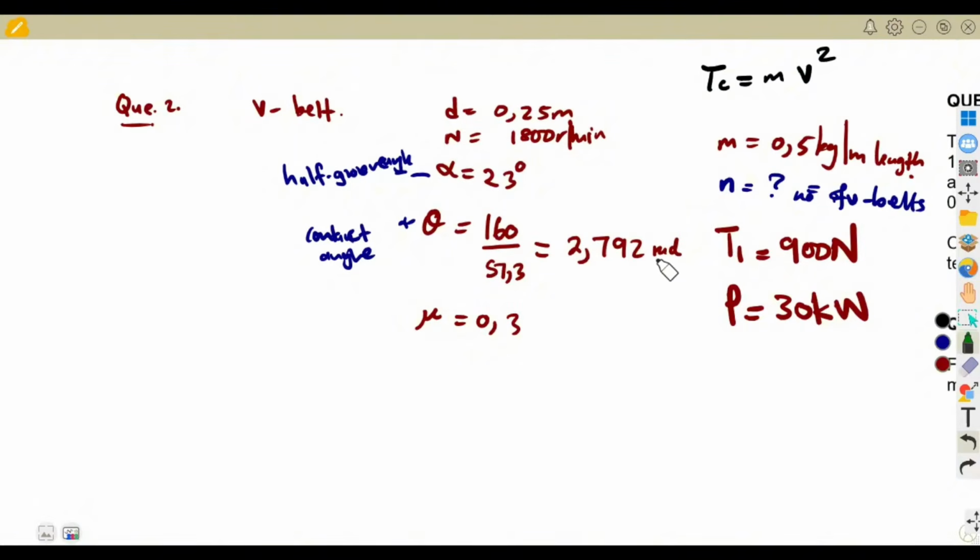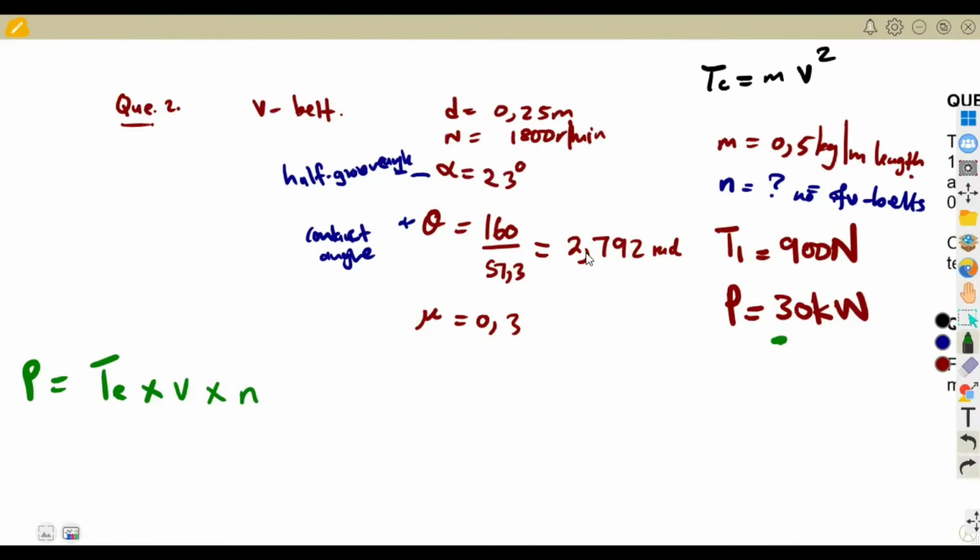Remember that if you are dealing with a V belt, this is one thing that you need to consider. For a V belt, we are given the power. We know that the power is equivalent to the effective tension times the velocity times the number of V belts, which is N. There we need the velocity.